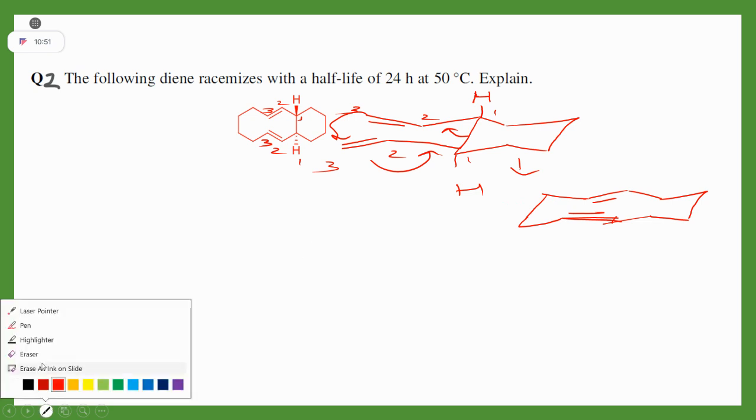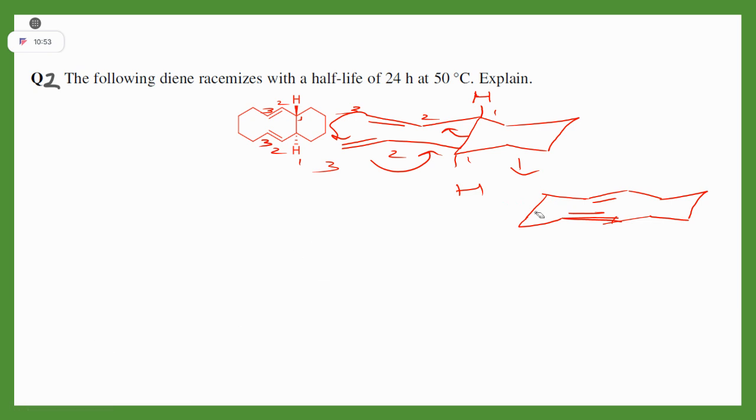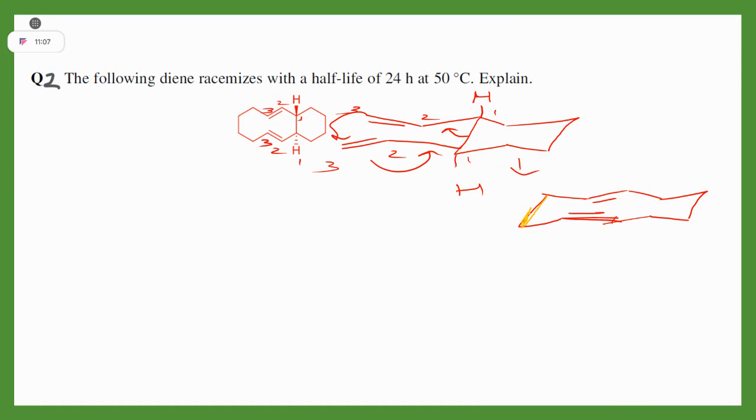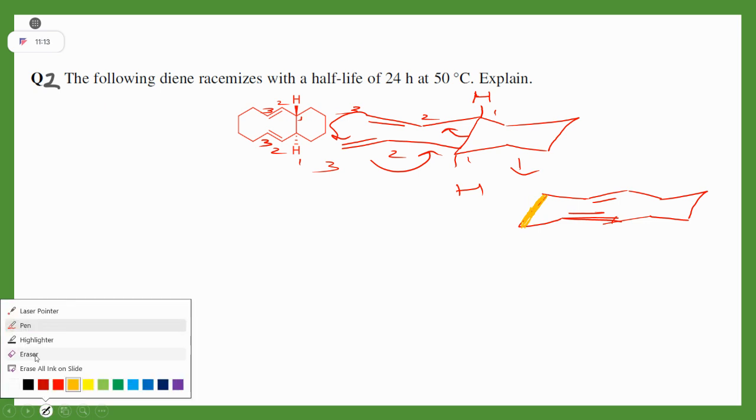Let me use a different color for that. It is not getting erased. This bond is formed new. Yes or no?